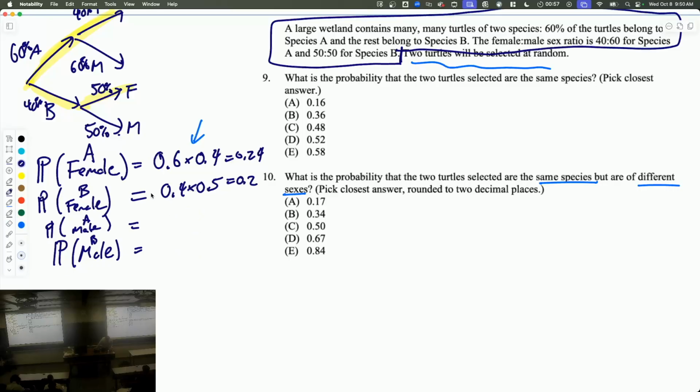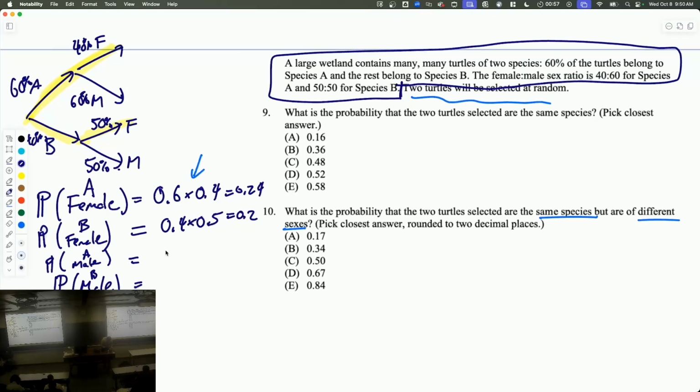What are they? An A male is 0.6 times 0.6, which is 0.36. And a B male is 0.4 times 0.5, which is 0.2. OK. So that looks good. OK, so now we have these four things. So I lied to you before. We actually need the species, because we need same species but different sexes.